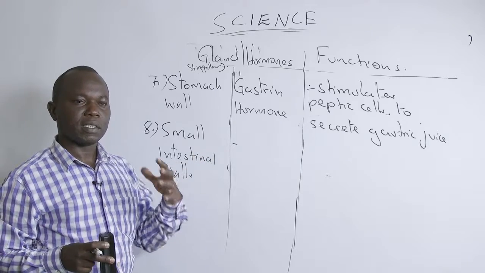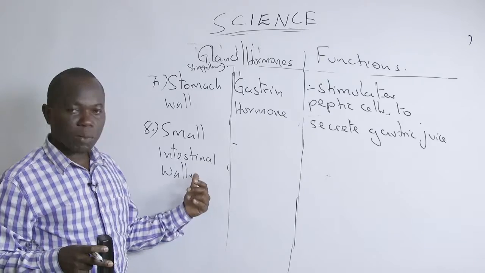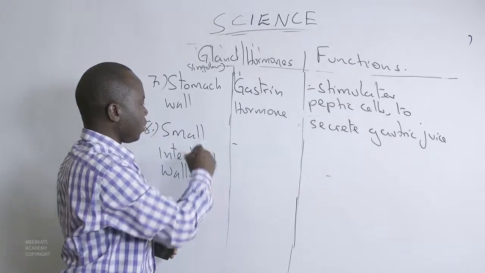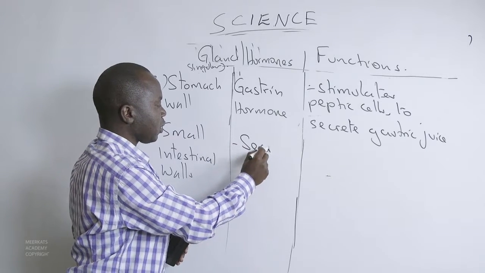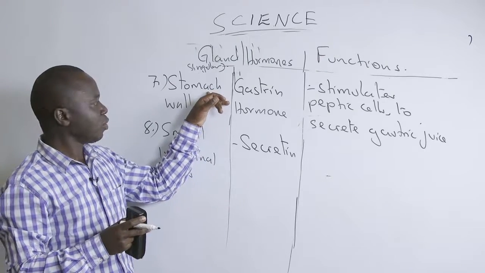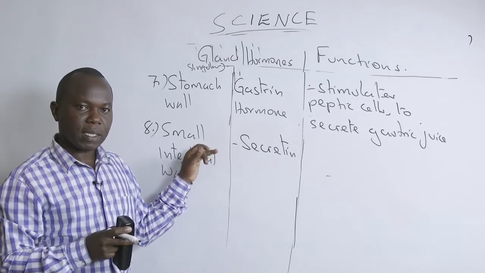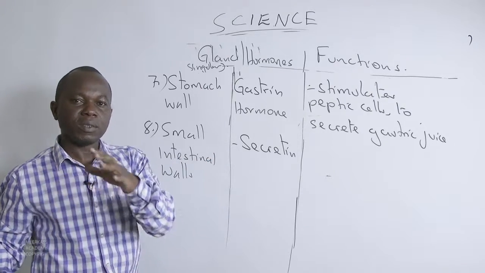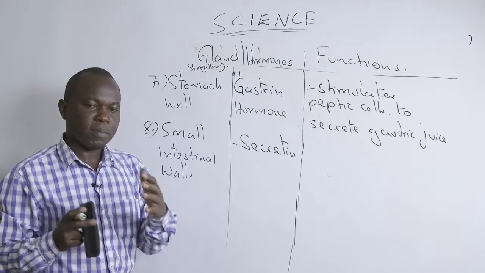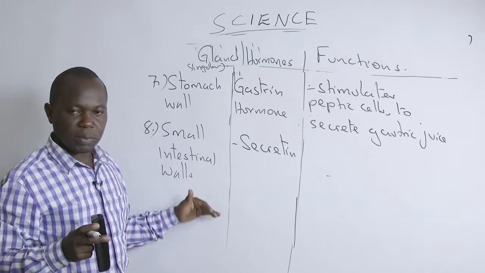In the small intestine, it's going to stimulate the walls of the small intestine to secrete a hormone called secretin. Remember, small intestines is divided into 3 portions. We have duodenum, ileum, and the jejunum. So all of it will be involved.